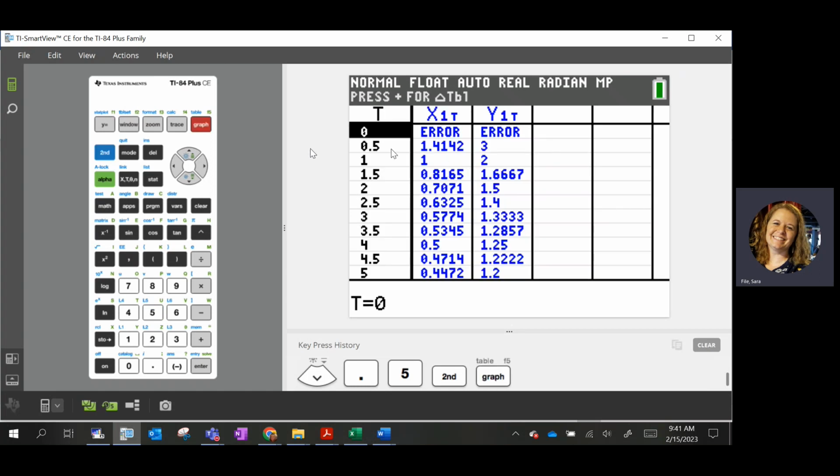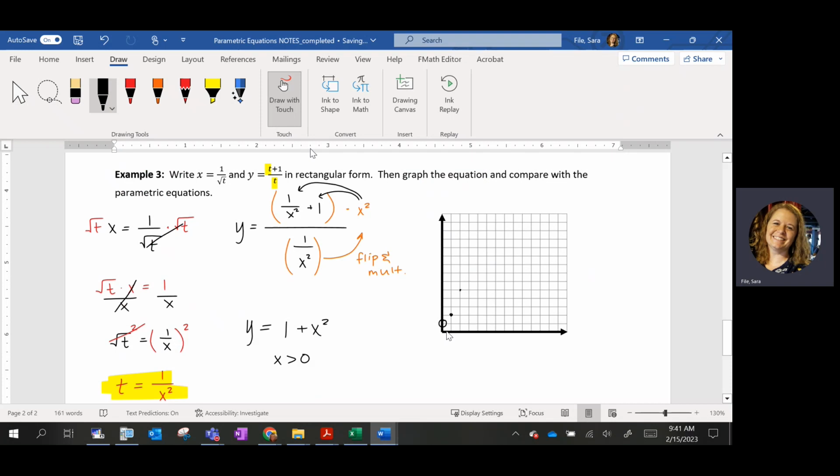So we know that when t is 0.5, there's going to be a point at (1, 4.3). So we'd go over about 1.5 and up 3. So there's a point here. Okay, and you can get however many points you need.